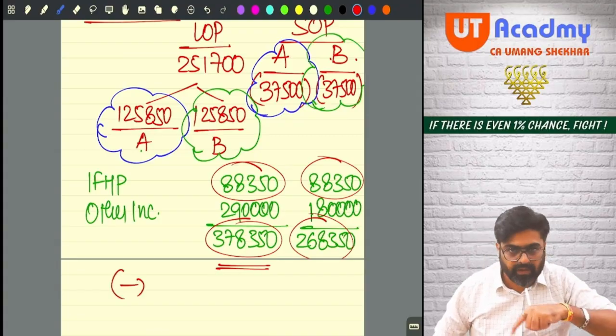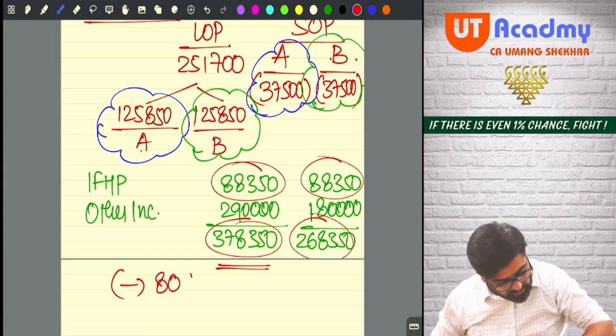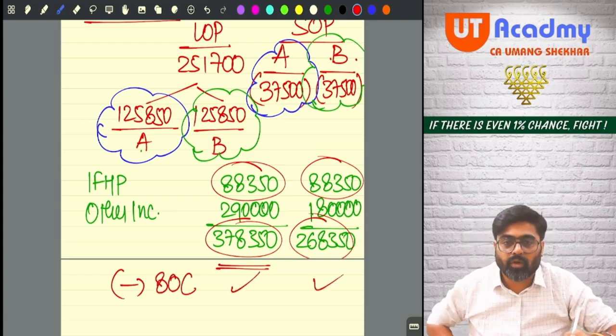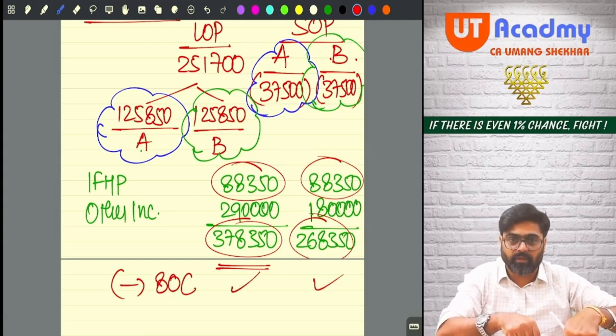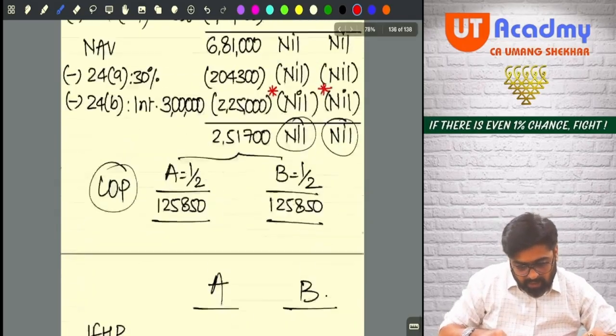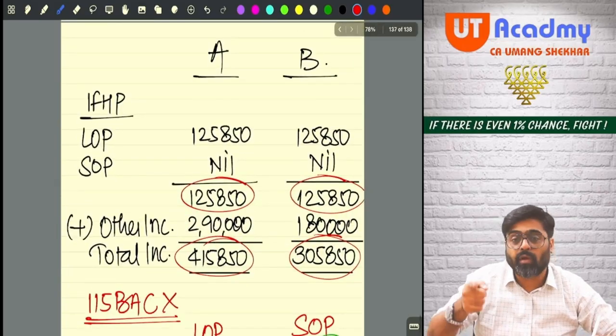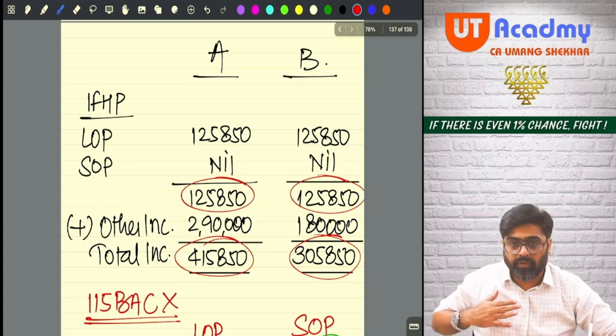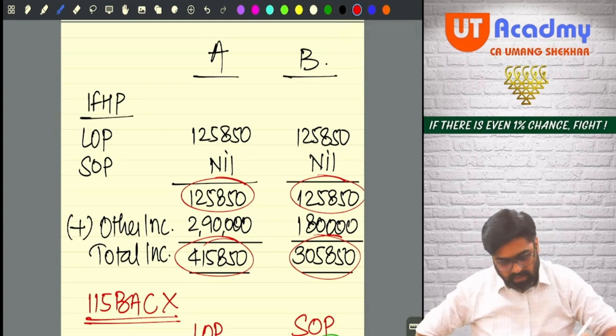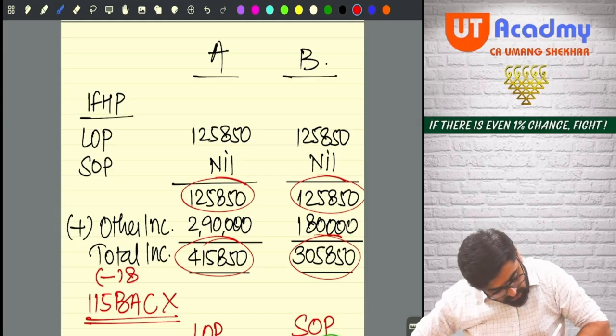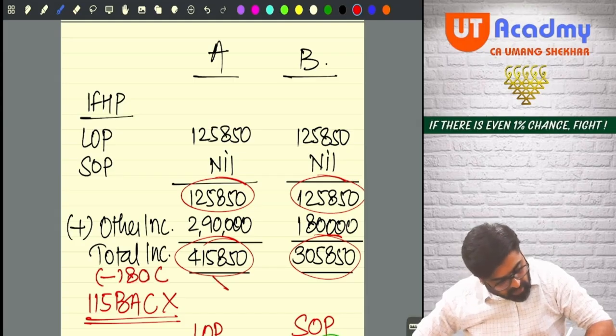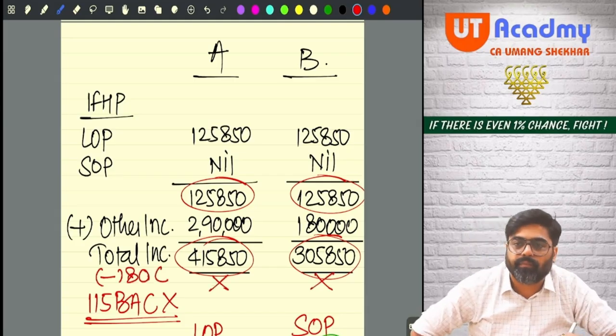Getting my point? Whatever insurance premium is there, we are going to get the 80C deduction because we are not following 115BAC. Done? And here, when we were following 115BAC, at that time the 80C deduction will not be allowed.